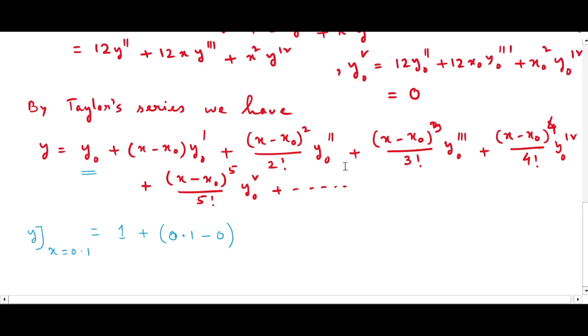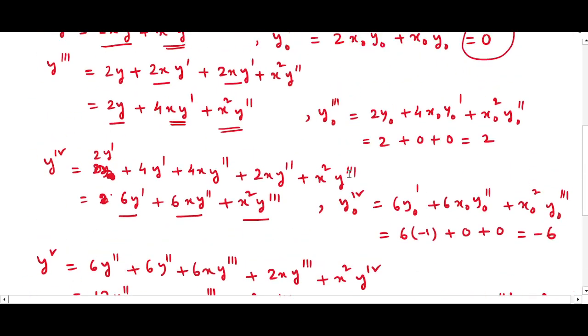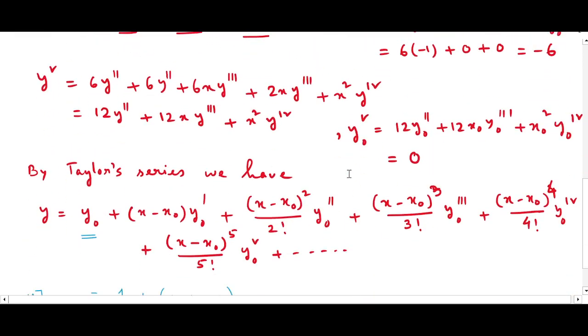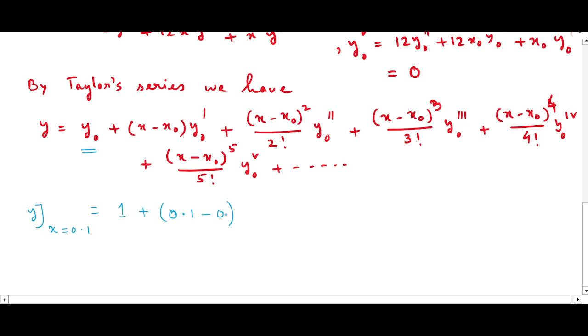Let us see what y naught dash is. Y naught dash is -1. So it's -1 plus, next one is (0.1 minus 0) whole square by 2 factorial y naught double dash.